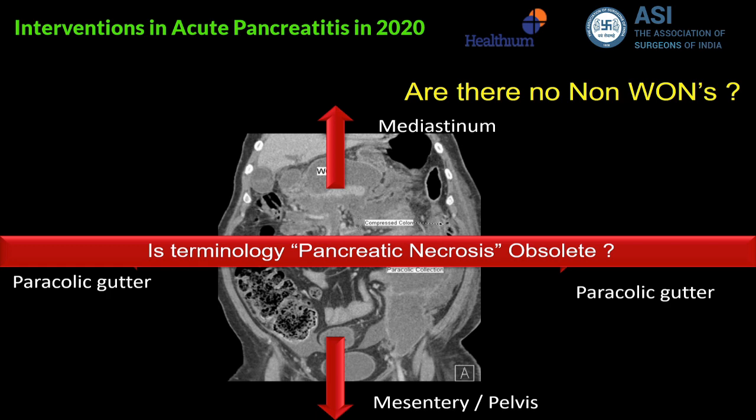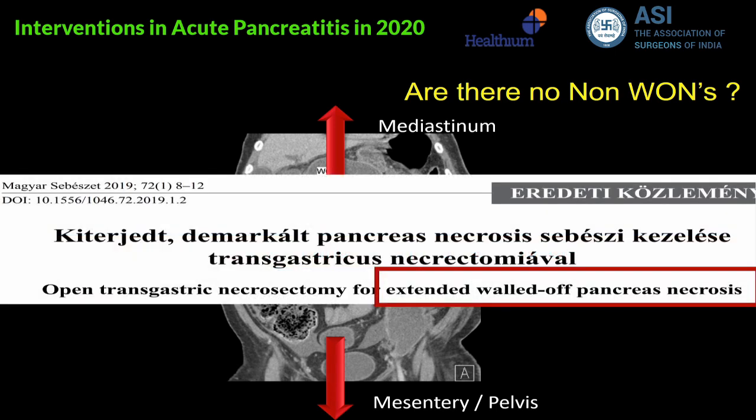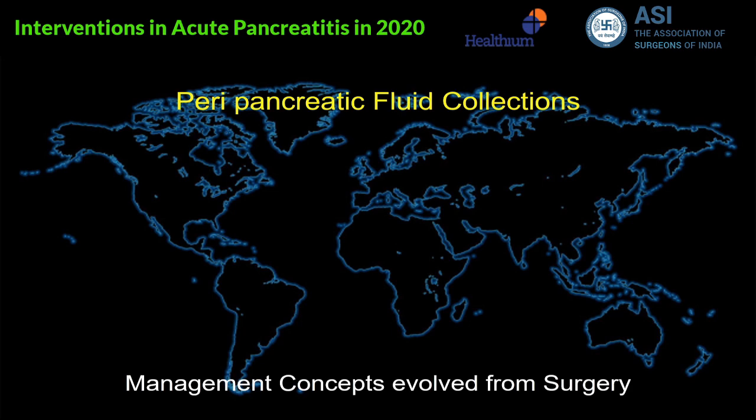Now, with the advent of walled-off necrosis, this term seems to be becoming obsolete, but the term used for this extended necrosis is extended walled-off pancreatic necrosis. So very clear: walled-off necrosis in relation to the stomach or duodenum, and we have extended walled-off pancreatic necrosis that is beyond the stomach and duodenum, in the paracolic gutters, in the pelvis, or in the mediastinum.